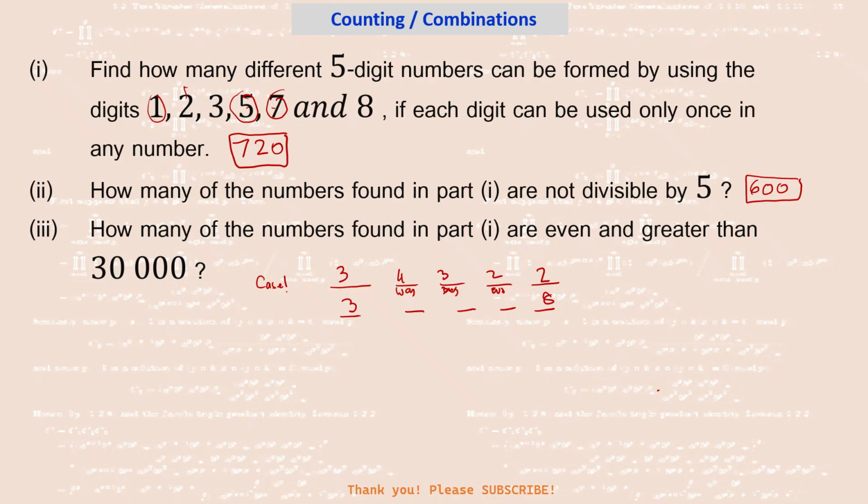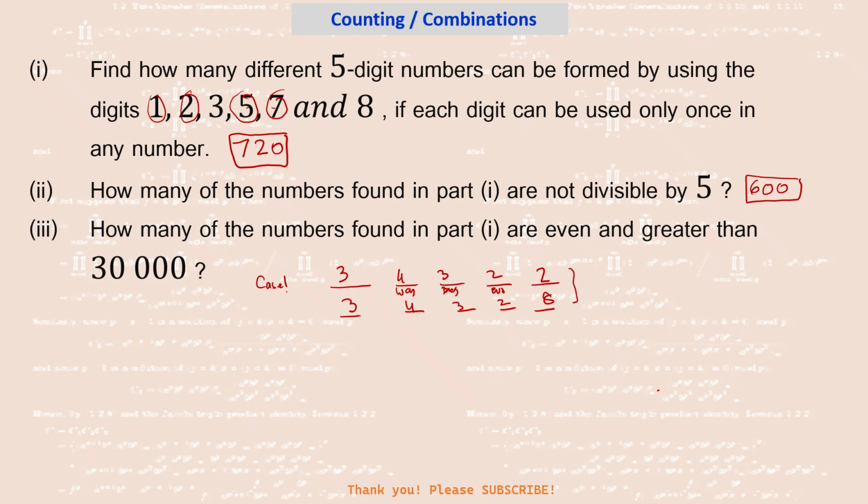Similarly, if 8 is the final or the last place digit, then again you'd have 1, 2, 5, and 7. So those are the 4 digits you would have to choose from. So once again, 4, 3, and 2 ways.